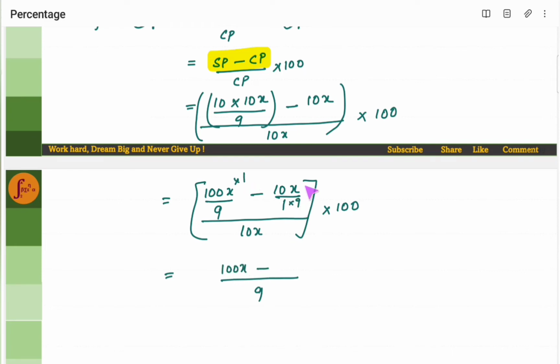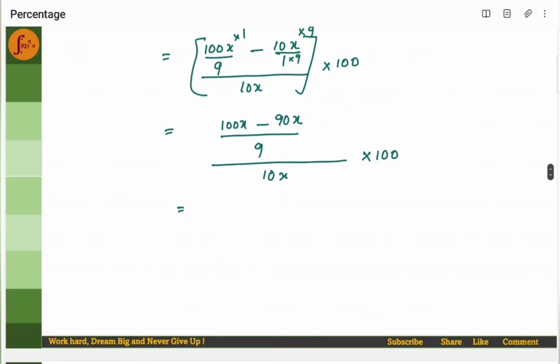This will go 9 times. So I'll multiply the numerator with 9. Because 1 into 9 is the LCM, 9. So 10x into 9 is 90x. Then you divide by 10x into 100. So 100x minus 90x is 10x by 9 by 10x into 100.